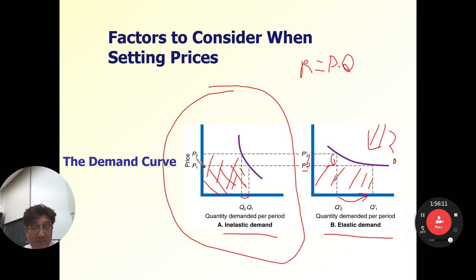That is a marketer's dream. We want to have inelastic demand, not elastic demand. Please do not see all the things from the customer's perspective. Now you've got to see things from the marketer's point of view.